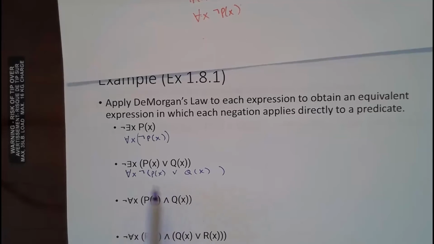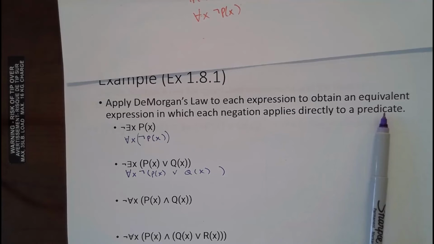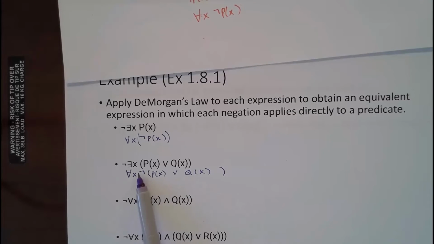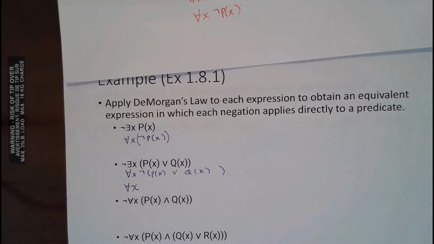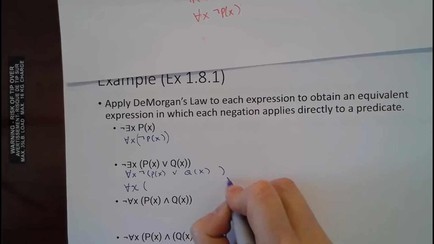Okay, so now it says we want a negation to apply directly to a predicate. Right now this is not applying directly to a predicate, it's applying to a logical disjunction of predicates. So we need to apply De Morgan again. Again, I want to put parentheses around it.